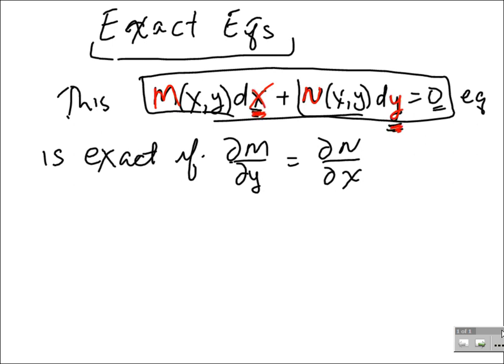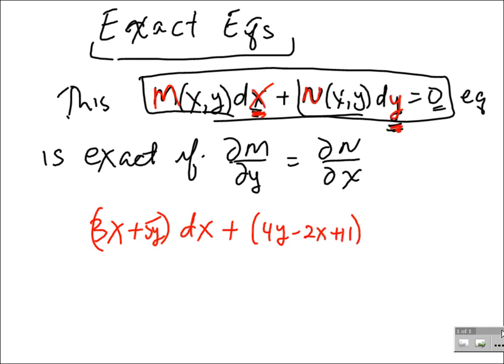So if we have something like this, 3x plus 5y dx plus 4x minus 2x plus 11 dy is equal to 0. Just like in the alphabet, x comes before y, and I don't mean that I'm writing x first. What I'm saying is M is with x and N is with y.